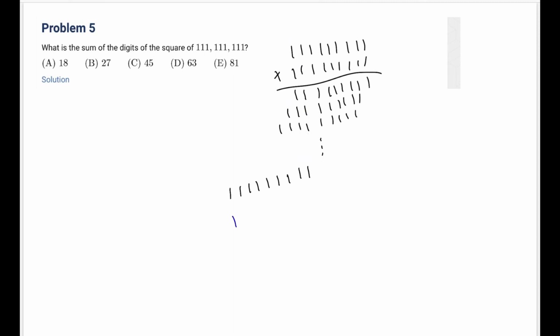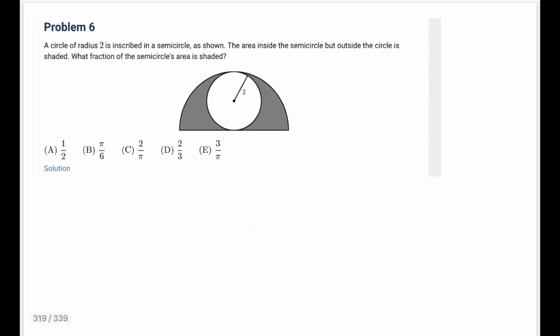So there is 1 of this, there are 2 of these, 3, 4, 5, 6, 7, 8, 9 of these, and then it gets less: 8, 7, 6, 5, 4, 3, 2, 1. This is another way that you could get this number. So anyways, the answer is E.